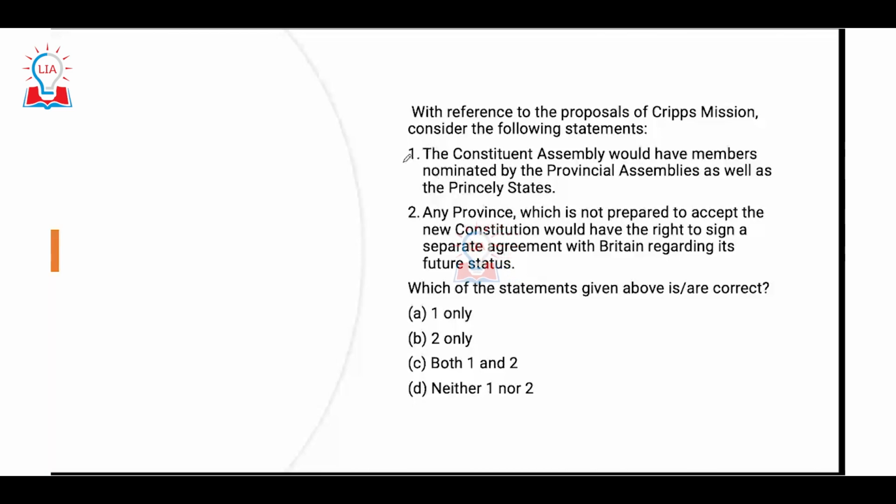Okay, this outrightly looks an incorrect statement, because according to Cripps mission, the members would be nominated by princely states and would be elected by provincial assemblies. Okay, from the provincial assemblies, the members would be elected, and from the princely states, the members would be nominated. Okay, so the statement 1 is incorrect. So the correct option would be B. Okay, that is 2 only.